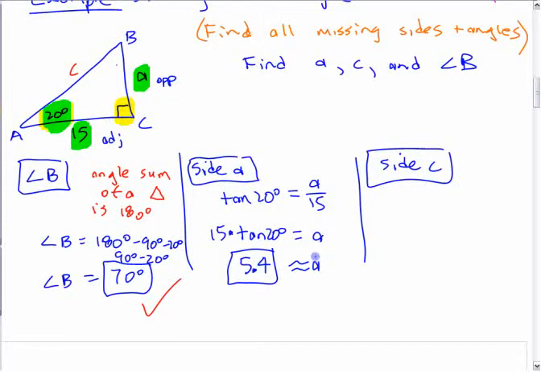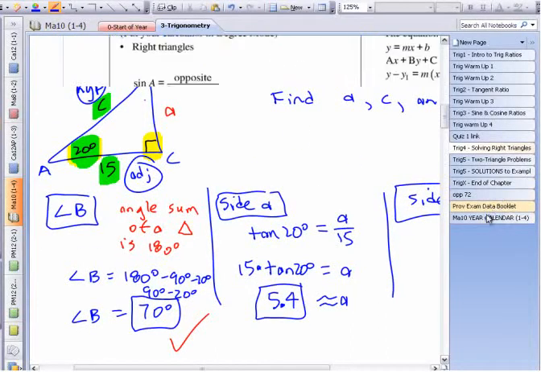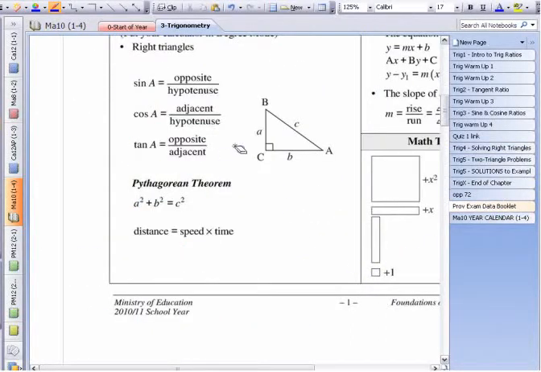So now we don't want A anymore. We want this, right? So you got to look at a different pair of sides. And that one is hypotenuse, right? What trig ratio are we going to use to find C? Yeah, you can use cosine because you got adjacent and hypotenuse. Keep flipping back to this until you have it ingrained in your memory.